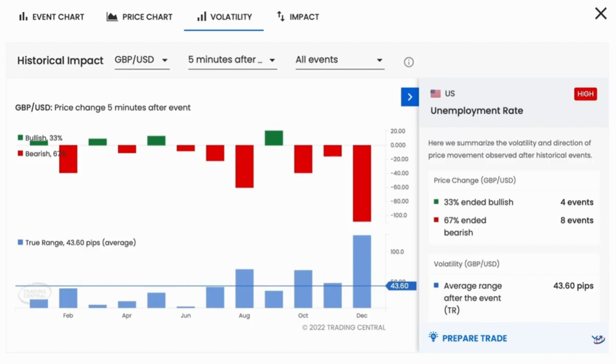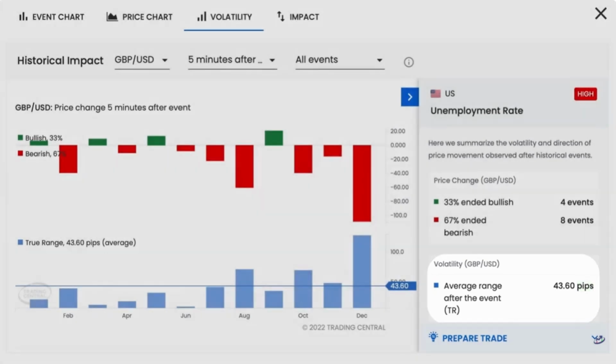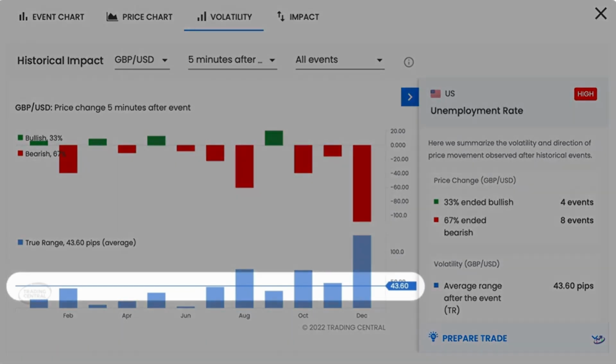We convert this number into pips, short for price interest points, because this is the most common unit of measurement used by FX traders to understand the volatility of an FX pair. Using pips, the trader has a better understanding of the magnitude and volatility from an event. The higher the number, the more volatile it is. We've highlighted the average volatility here with the blue line.